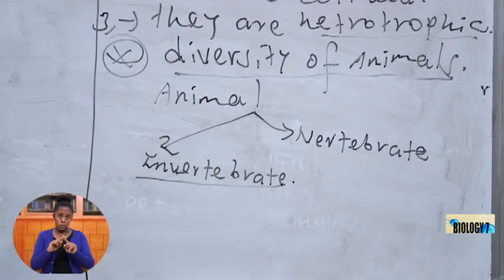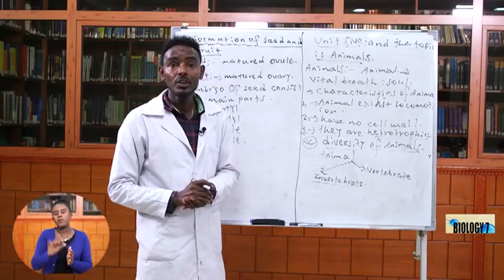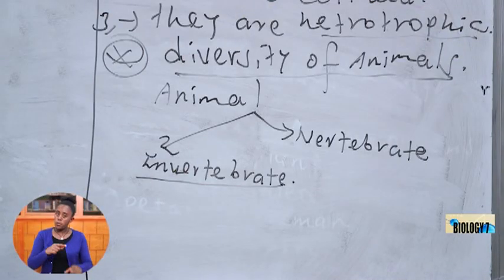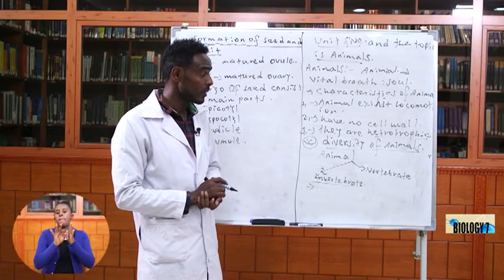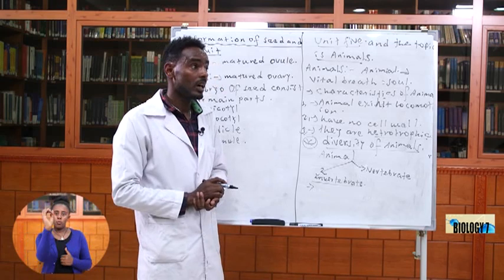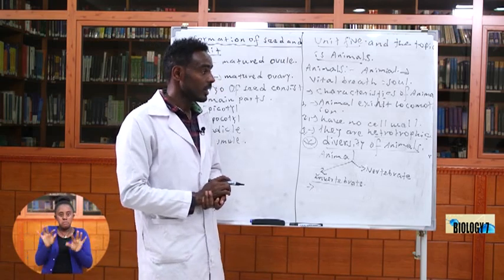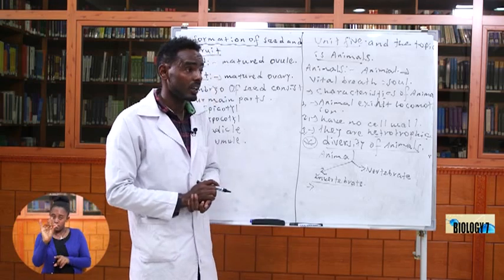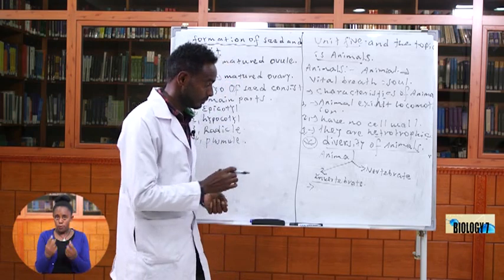Vertebrate animals are only 2% of all animals, and invertebrate animals are around 98% of all animals. We can differentiate vertebrate and invertebrate animals by their number.